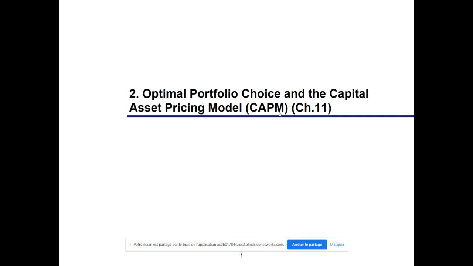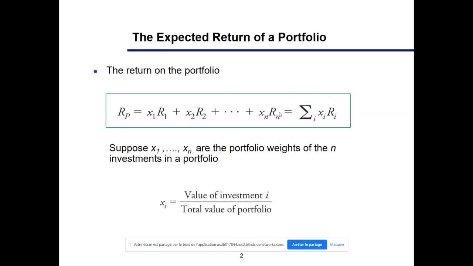individual stock. Okay, let me start by introducing you that when you form a portfolio, remember yesterday, a portfolio means you form a basket where you put several risky assets in your portfolio, in your basket. We call it a portfolio.